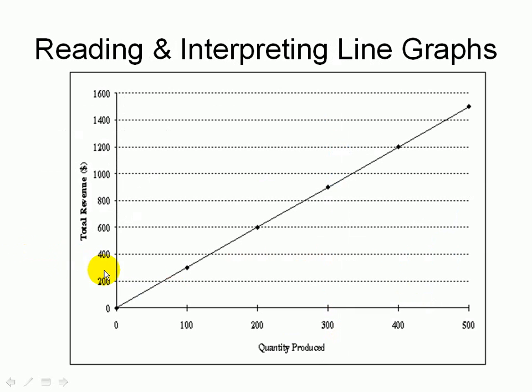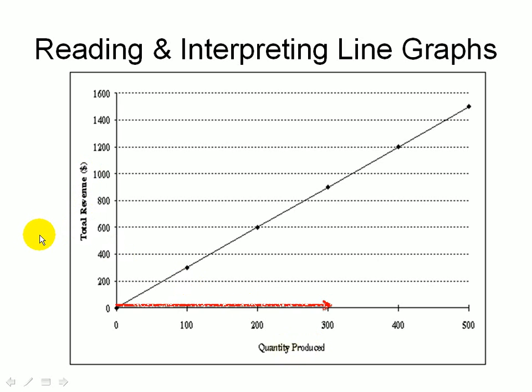So let's look at an example of how we read and interpret line graphs. Shown here on this horizontal axis, which we referred to as the x-axis before, is the quantity purchased of some product, and on the vertical axis is the total revenue that we earned from this product. So here, let's locate a point.